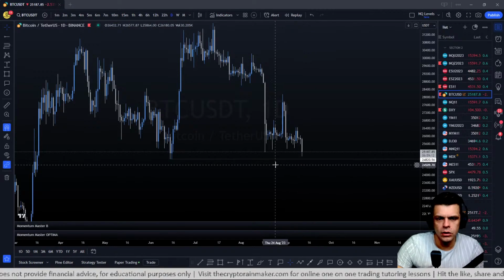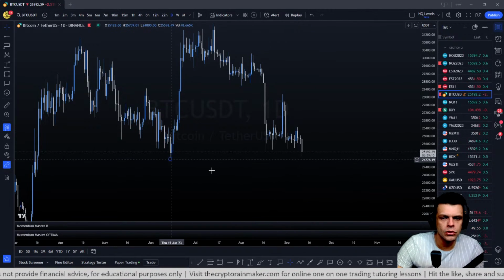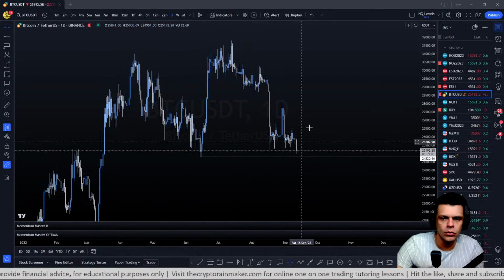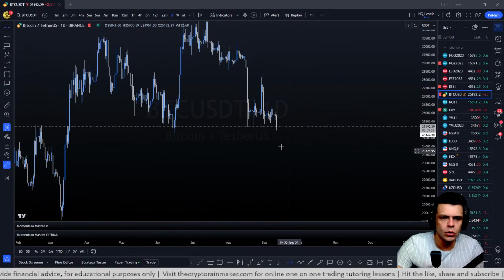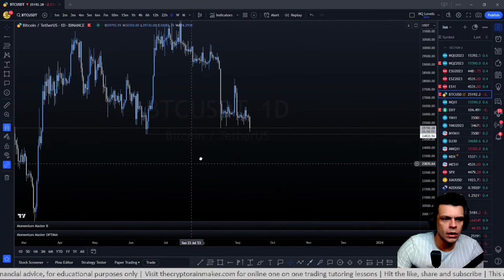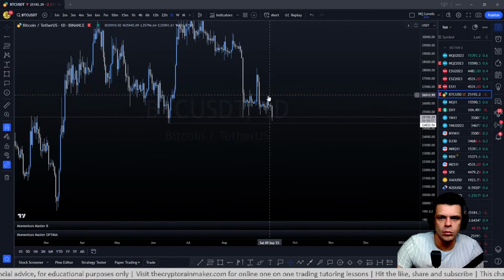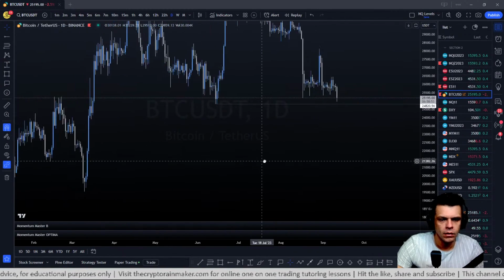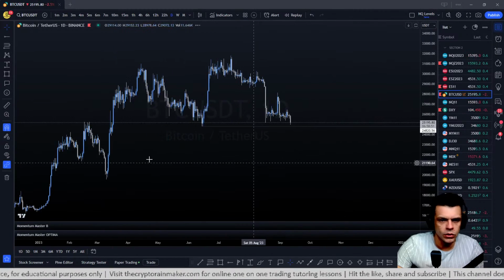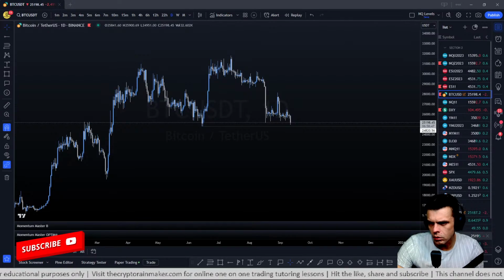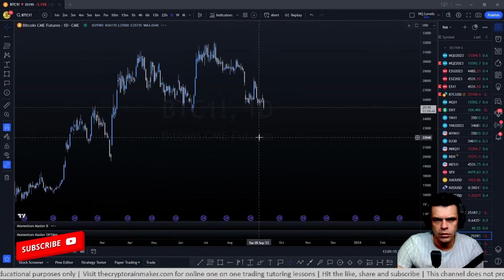So I think that will at least bring it below this low, because price moves from external liquidity to internal liquidity. So we could see them stab it in here and then start to move to the upside a little bit again. Maybe just knock out some buy side liquidity before heading lower. Because we still have this imbalance right here. And I think this imbalance is also a CME gap.